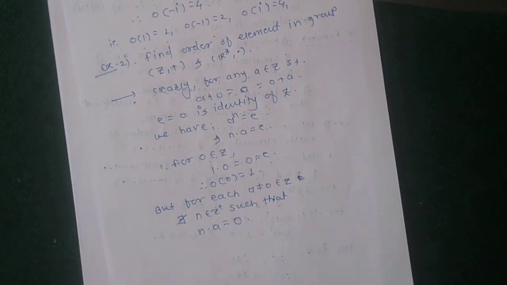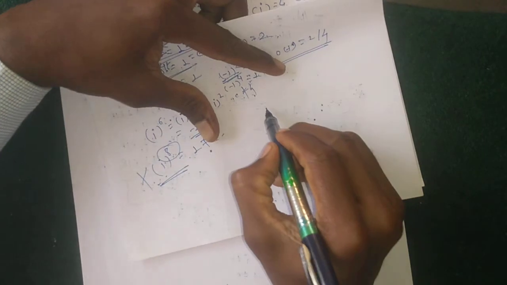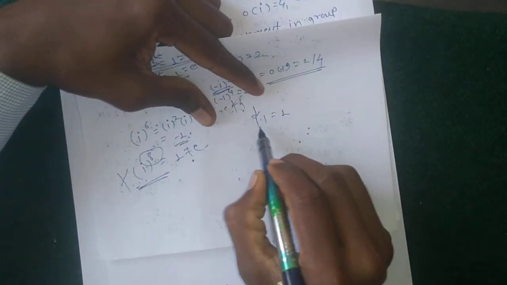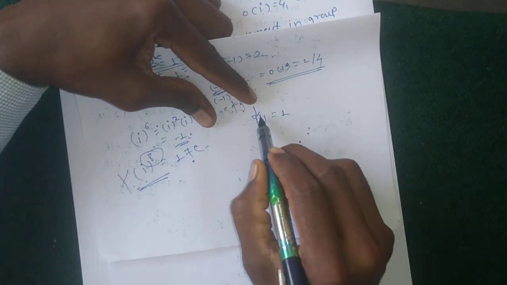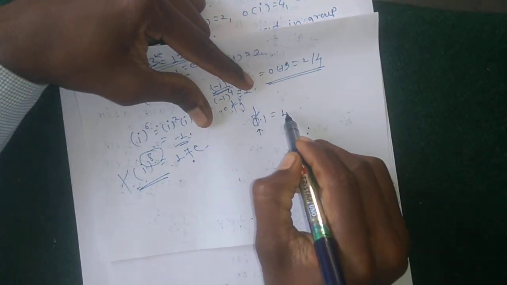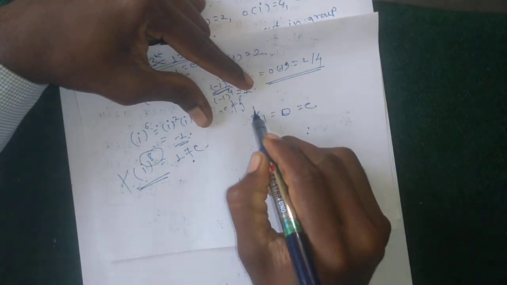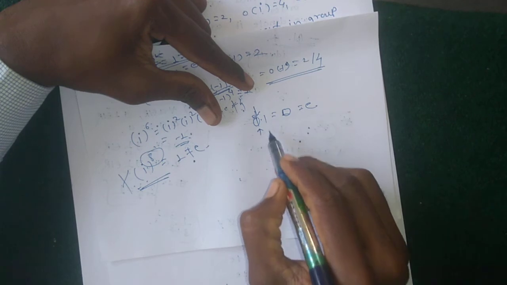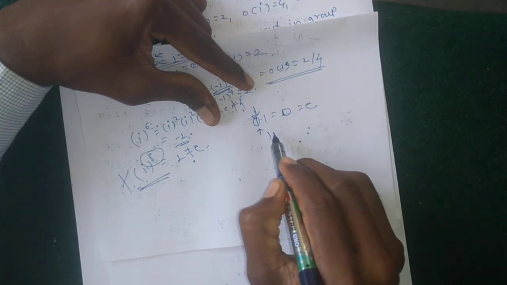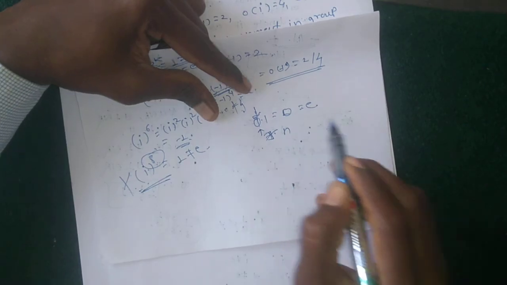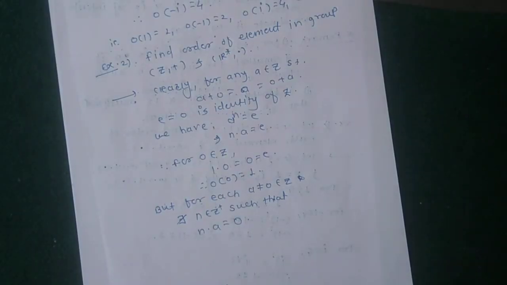Because suppose we choose 1 into 1 equals 1, where n is the smallest positive integer. Here 0 into 1 equals 0, which is the identity, but 0 is not a positive integer. Therefore there does not exist a smallest positive integer n that satisfies this condition.